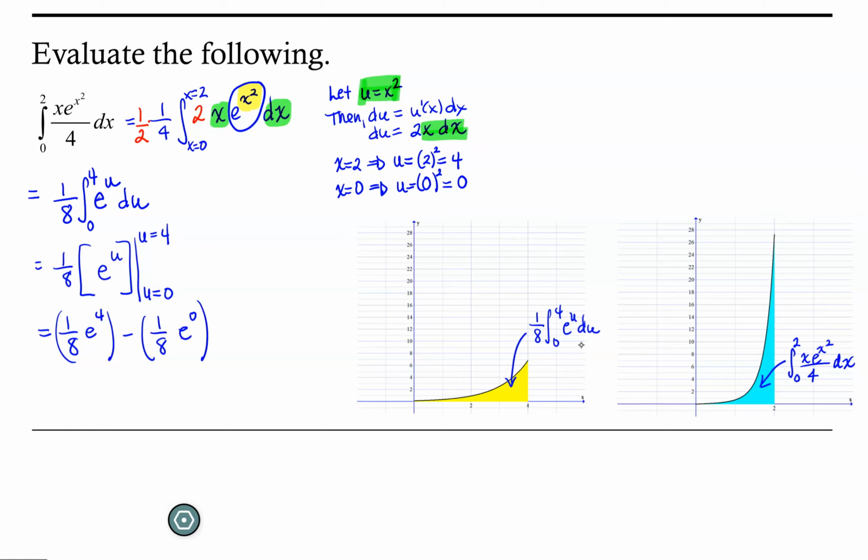Now recall that e to the 0 power is 1. So we have 1/8 e to the 4th power minus 1/8 times 1, or just 1/8. And so there's the value of this definite integral. And this value represents the area shaded here in yellow, and also the area shaded here in blue. I hope you find this helpful.